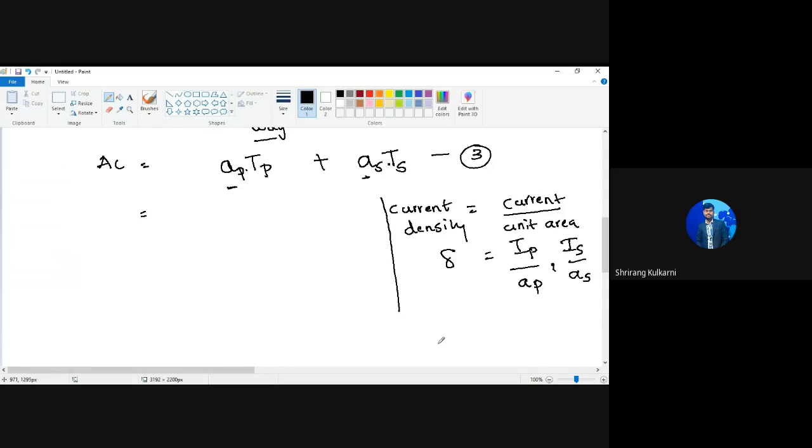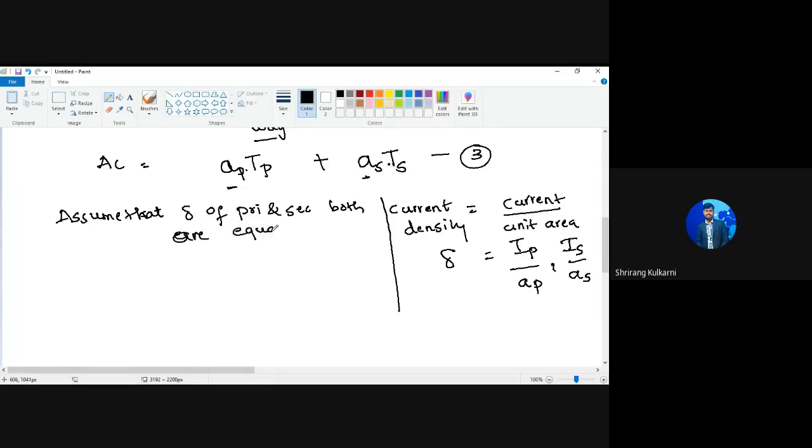Now you have to assume that current density in primary and secondary both are equal.